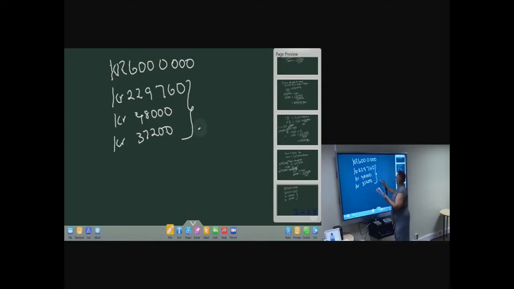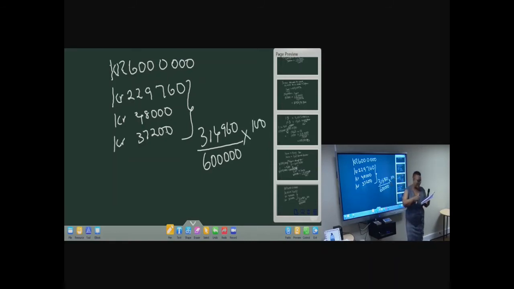So she gave me an answer of 314,960. You are asked whether it is 52% or more. So you have got over your 600,000. So now it means you have the application of a percentage.